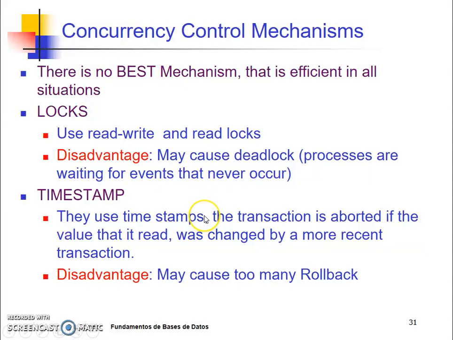The problem with the timestamp technique is that it is an optimistic technique, but because I can always have values that are not valid anymore, I may have to do many rollbacks. So the main disadvantage of timestamps is the rollback, and the main disadvantage of locks is the deadlock.